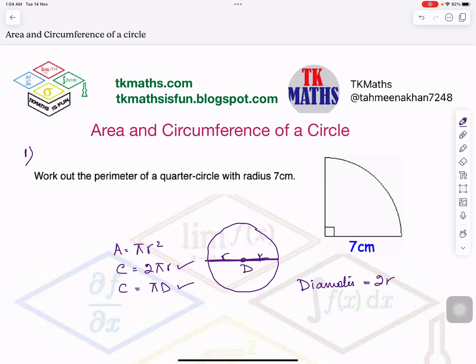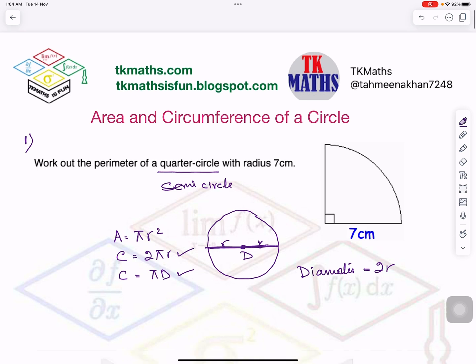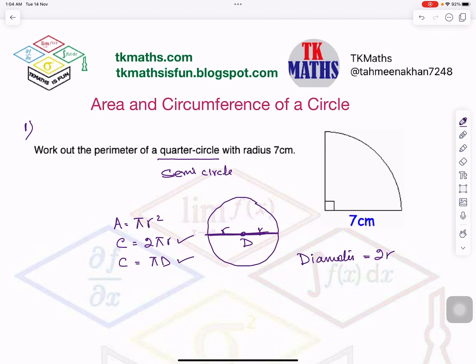This is about a circle. Now the problem comes when we talk about quarter circle, semicircle, then students start making mistakes. Now let's see why. I will solve this question, but first I want to explain to you the logic and reason behind it so that you can solve all questions in any context.